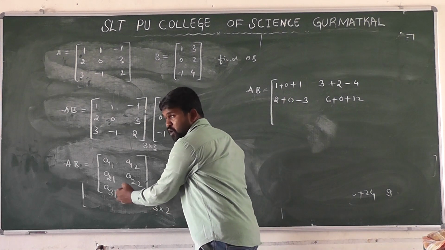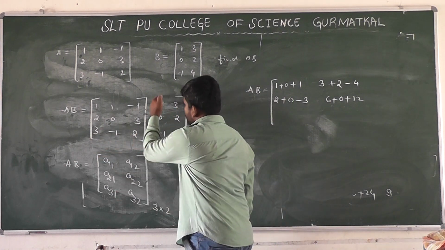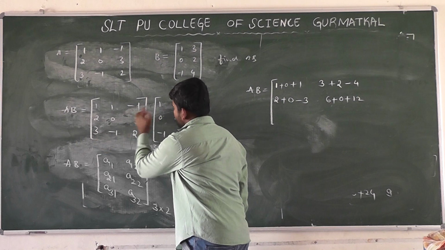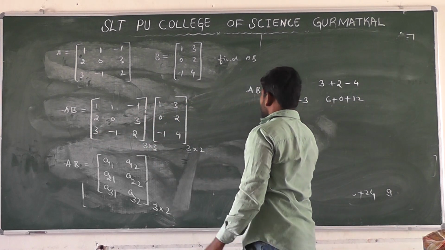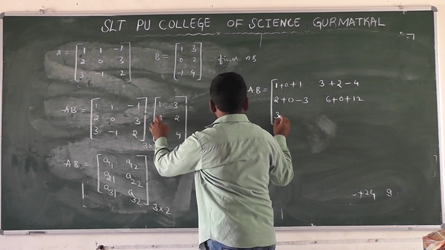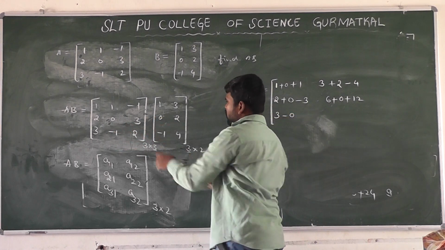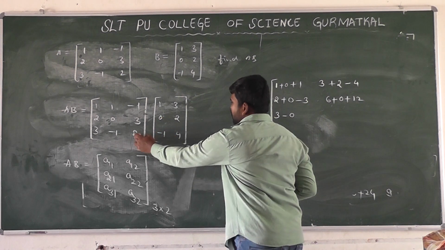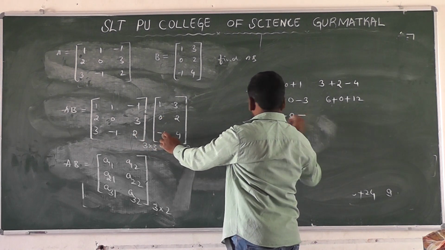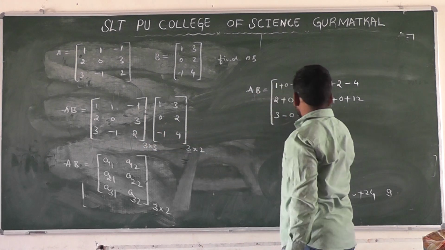Next, third row, first column. This is the third row and this one is the first column. We multiply the corresponding elements and get the sum. 3 into 1 is 3. Next, minus into plus is minus, any number into 0 is 0, 1 into 0 is 0. Next, plus into minus is minus, 2 into 1.